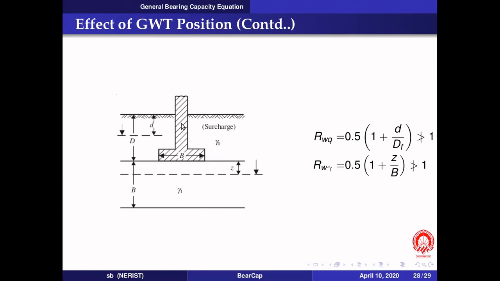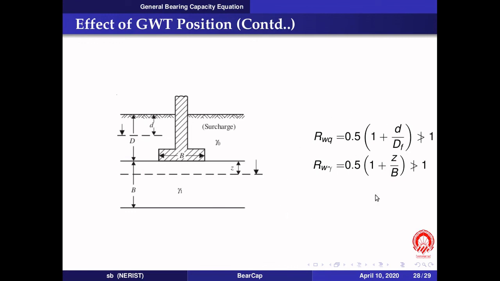While using these equations, we need to take care that when the groundwater table is at the foundation level, this portion will not be affected, so it will remain as 1, because this D and this D will be the same.